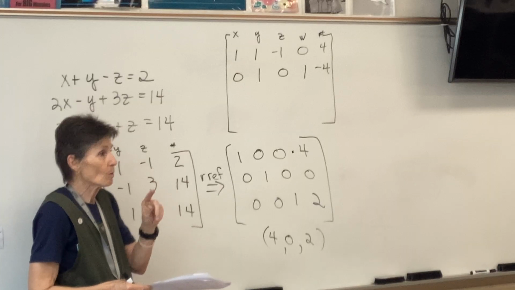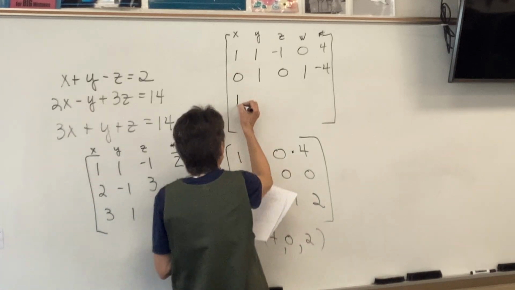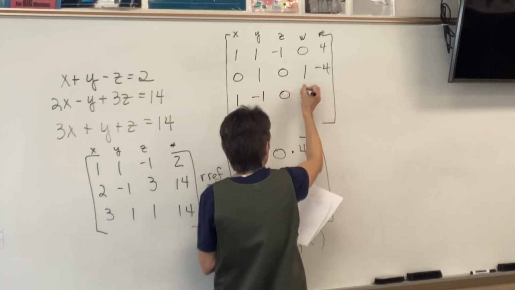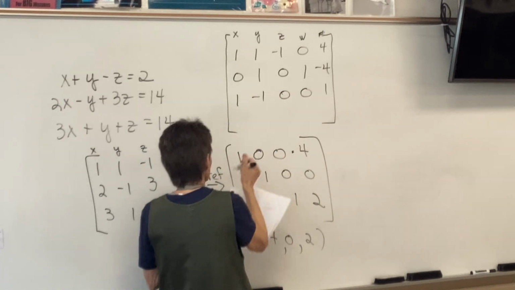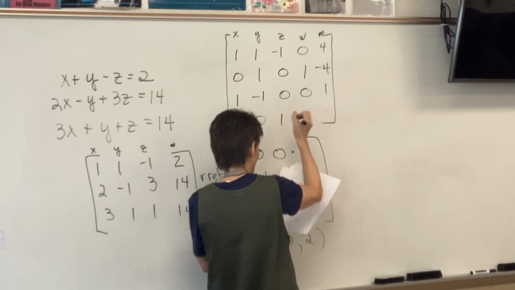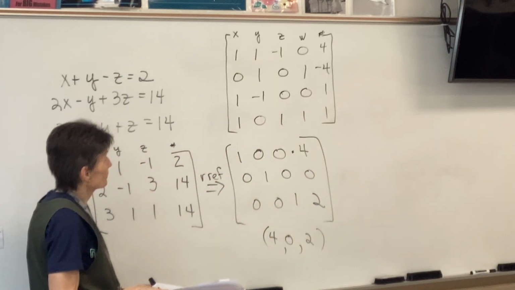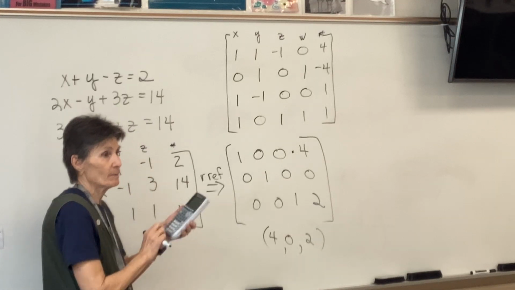Putting a 0 in the wrong spot will give you the wrong answer. 1x, negative 1y, no z's, no w's, 1. 1x, no y, 1z, 1w, 1. How does that look to everybody?